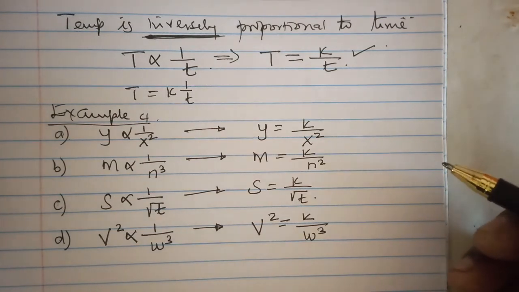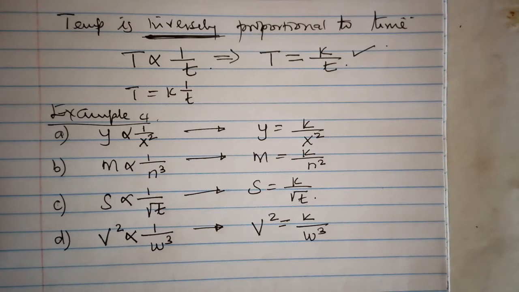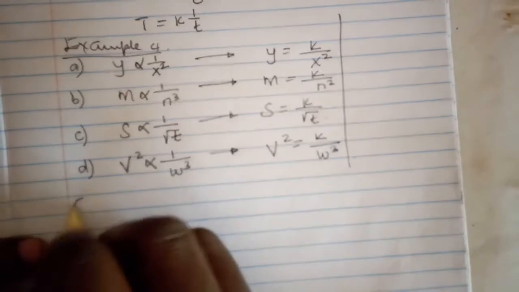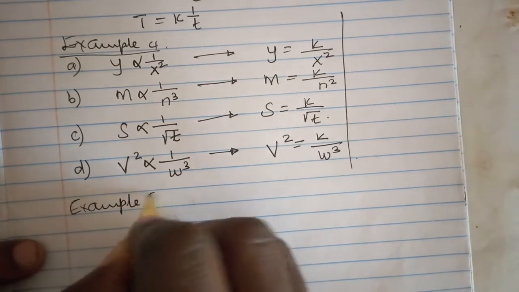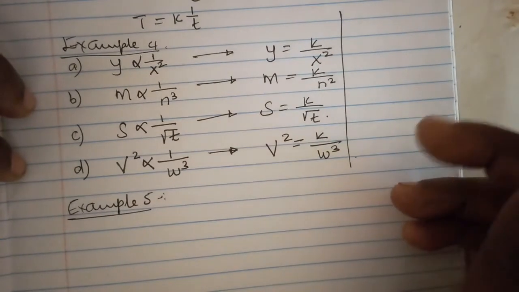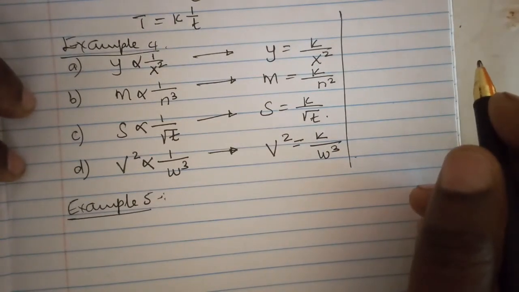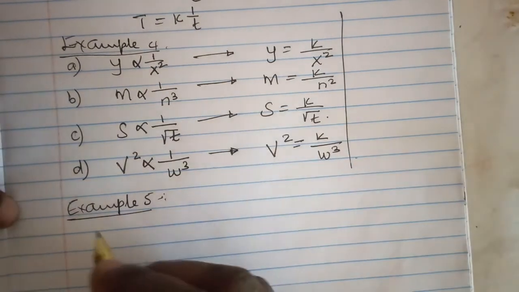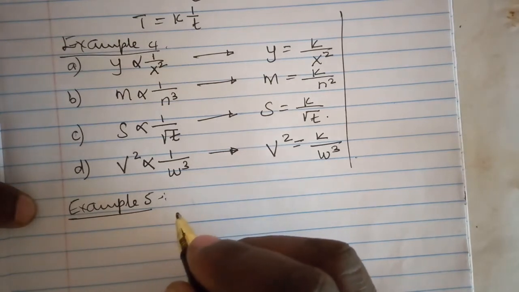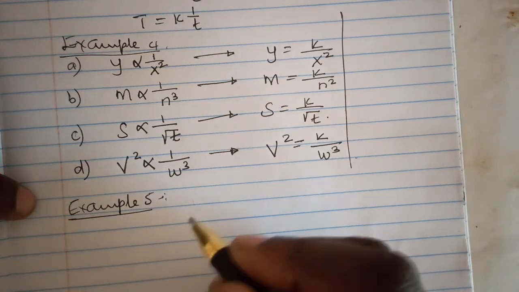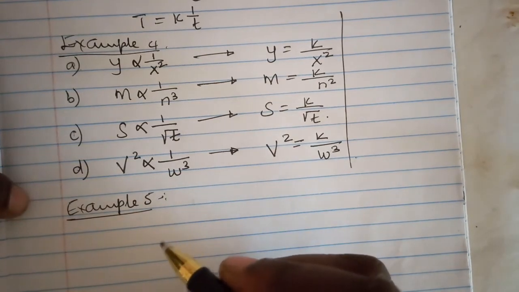I don't know whether we are able to look at example 5 in this video, but yes, we can. Let's talk about example 5. We are told sound intensity in decibels is inversely proportional to the square of the distance from the source at a music festival.